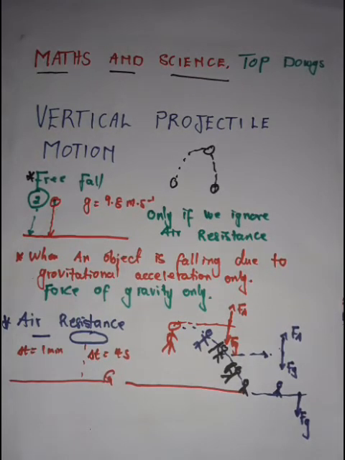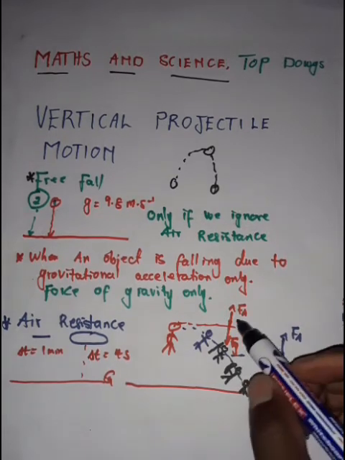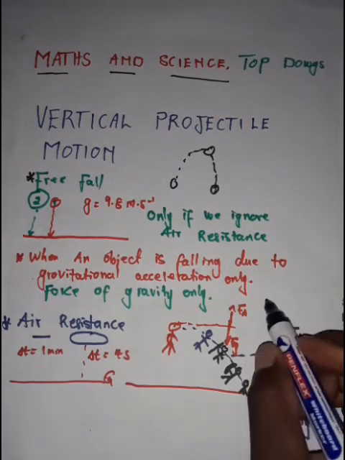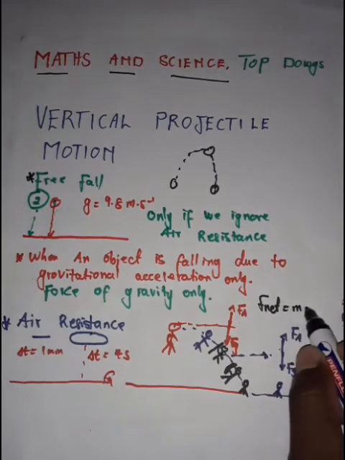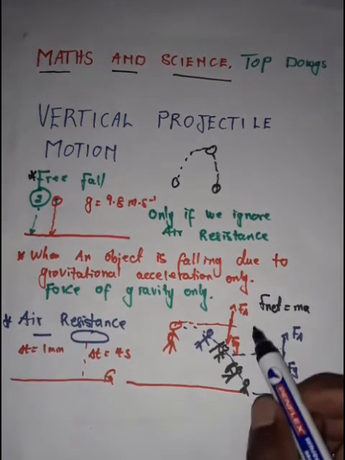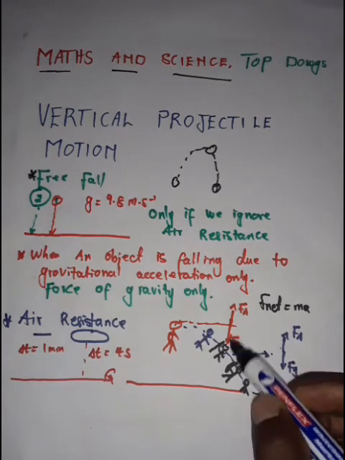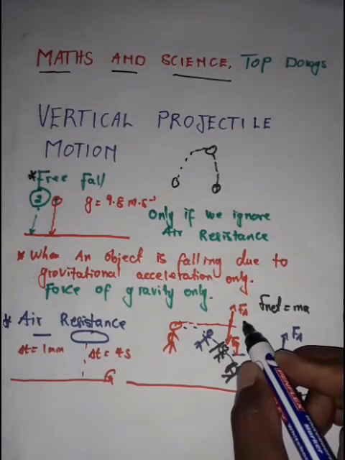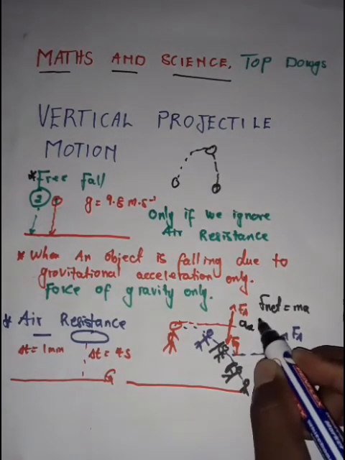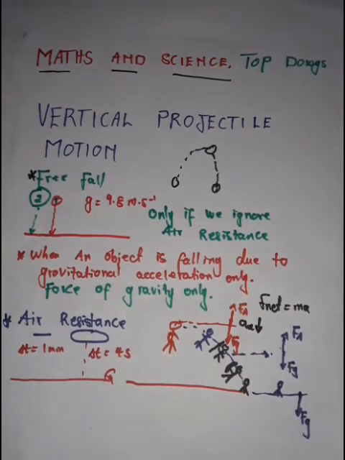So what's going to be the acceleration at this point? Remember that we said that F net according to Newton's second law is equal to ma. Here, since this one going down is greater than this one going up, therefore the acceleration is going downwards at the first point.